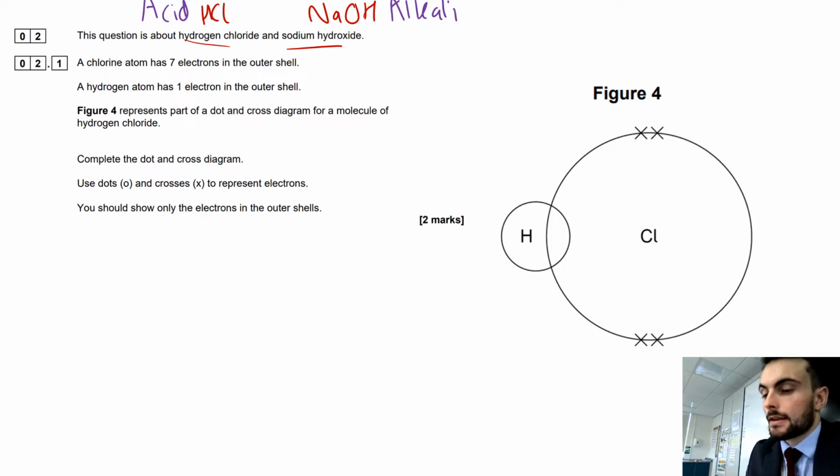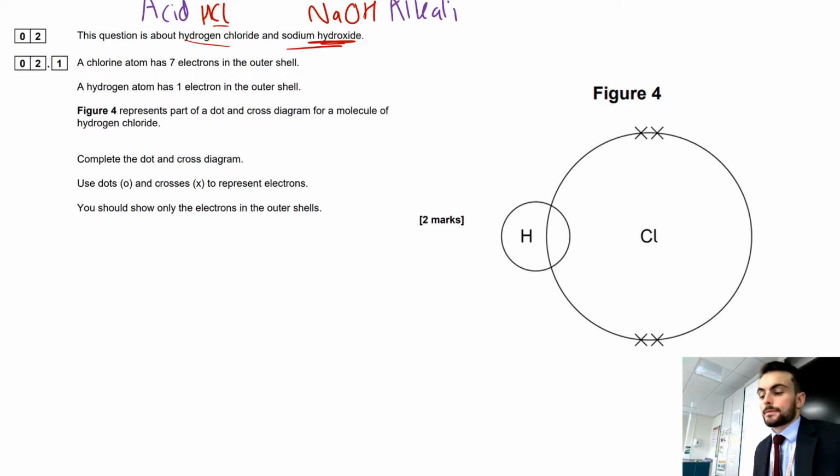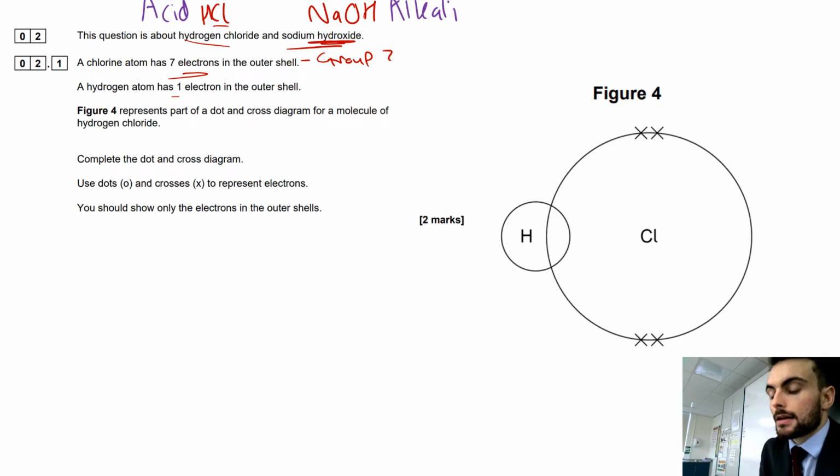We can say that straight off the bat, because hydroxide means alkali, and HCl, hydrochloric acid, is obviously an acid. Chlorine atom has 7 electrons on the outer shell. It's being nice to you on this one because you're not even expected to find that for yourself. You should be able to do that because that's talking about groups, because it's in group 7. Hydrogen atom has 1 electron on the outer shell because even though it's not an alkali metal, on your periodic table it is. Most periodic tables have it in group 1 because it's got 1 electron in its outer shell.